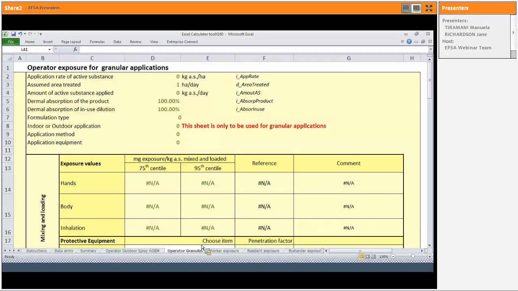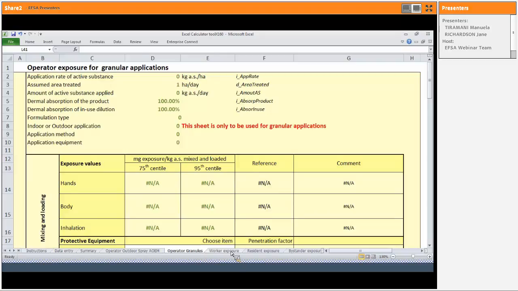But we also have in the calculator and in the guidance, this is mentioned, some data from a rather old model, the PHED, which covers something on granules. So we have some data, though of a bit more limited value in terms of solidity of the approach and the methodology derived, but still we wanted to include it because it's a help for the user.